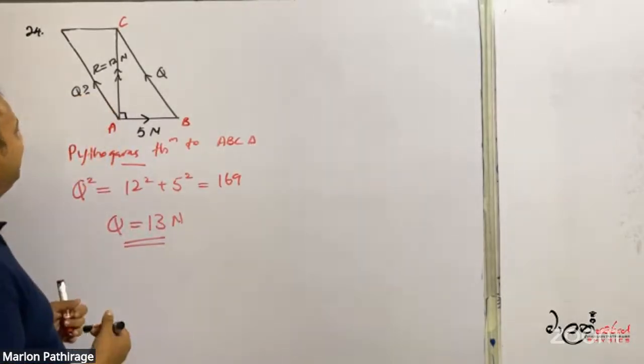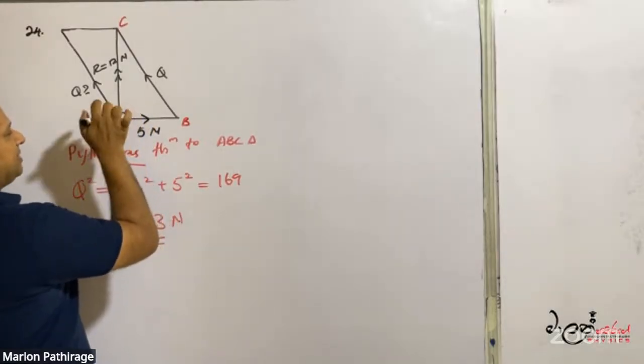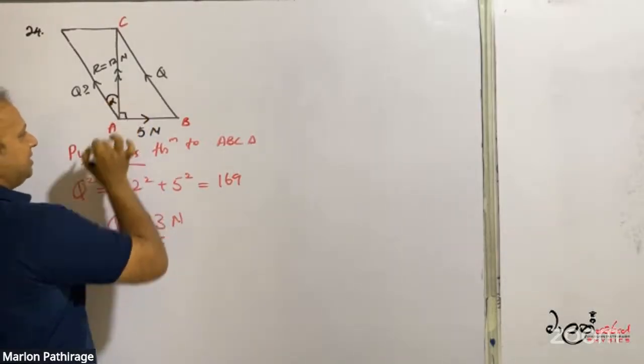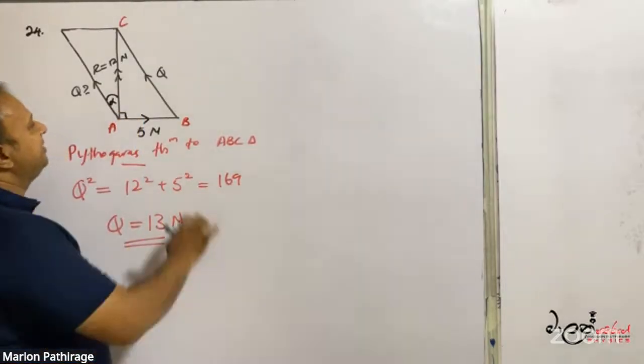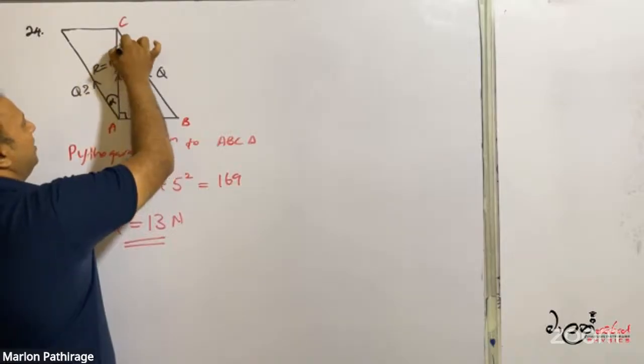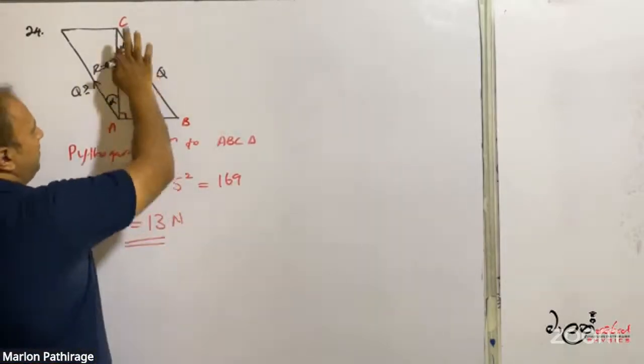Okay. Then you need to determine the angle. Angle means 90 plus this angle. Therefore, you need to determine this angle. This angle is equal to this one because this is a parallelogram. So you can determine this angle instead.